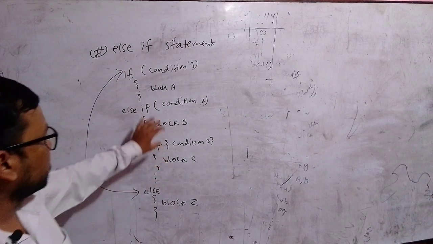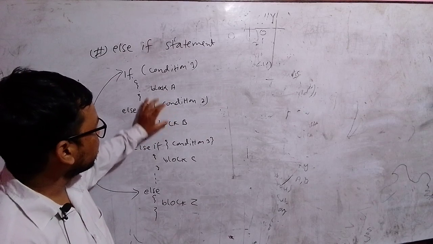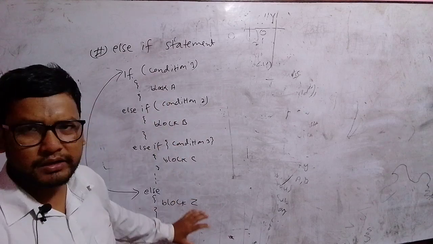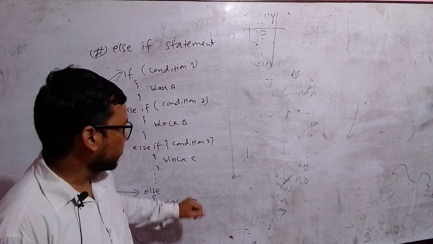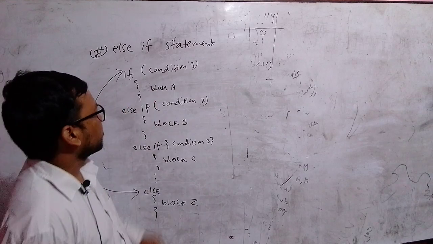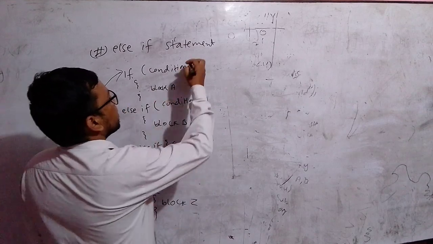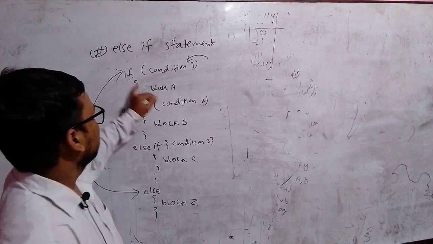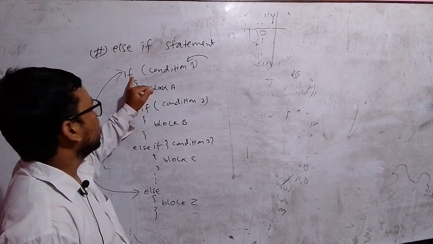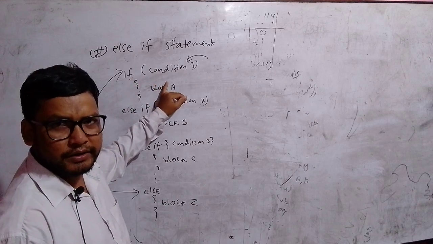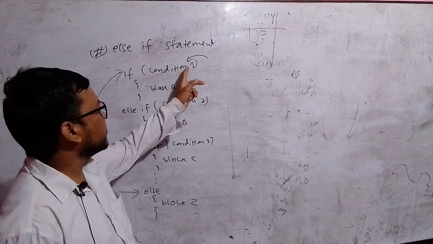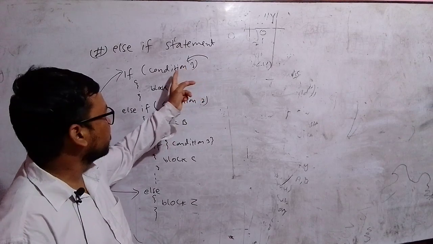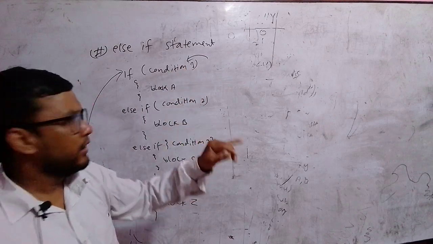Now how do we determine which block of code will be executed at what conditions? First of all, the compiler checks condition 1, the condition of the if statement, and whether it is satisfied.